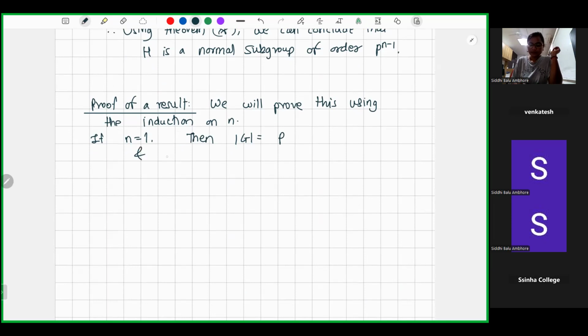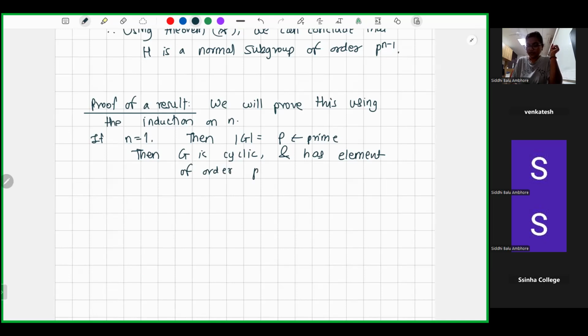Since p is prime, G is cyclic and has an element of order p.